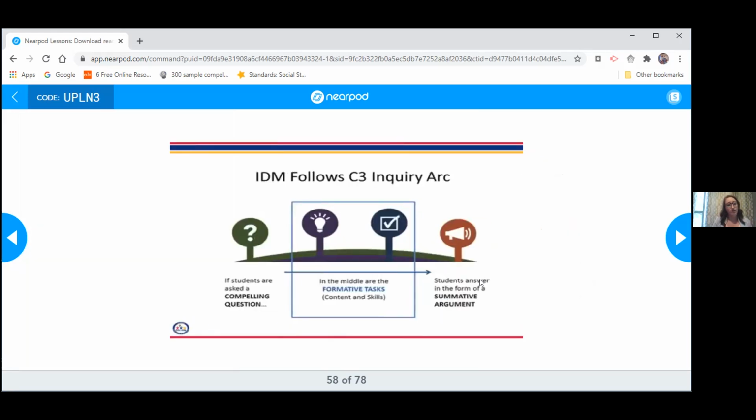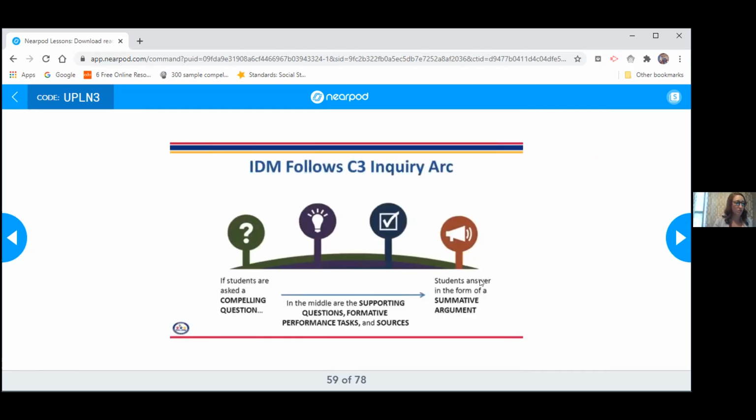So your next component then is your supporting questions and your formative tasks. Your supporting questions are your more specific questions. And those questions provide the frame for your inquiry. We'll show you one in a minute, but you'll notice the questions are focused on what we want the students to learn about rather than that big overarching question.